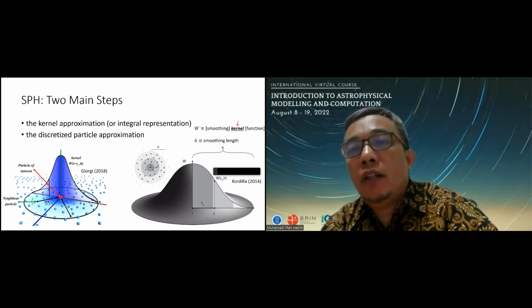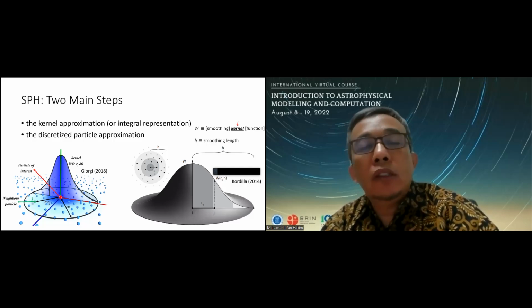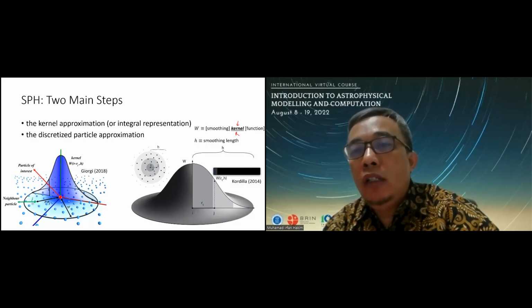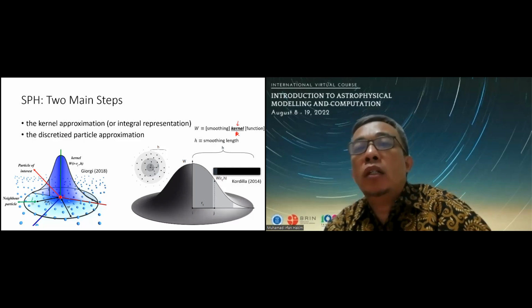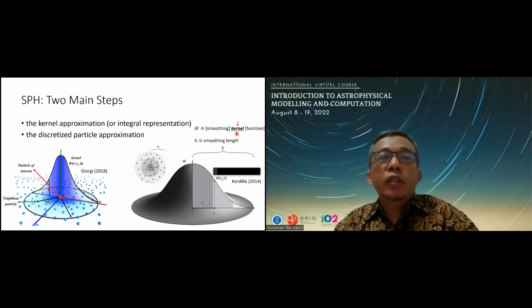If you read in a book about SPH using the term kernel, it means smoothing kernel function.